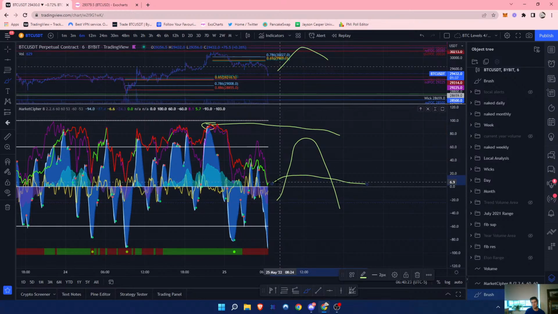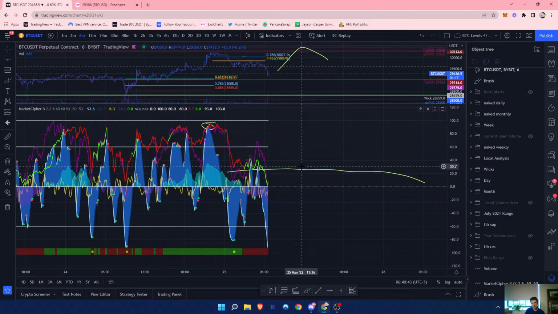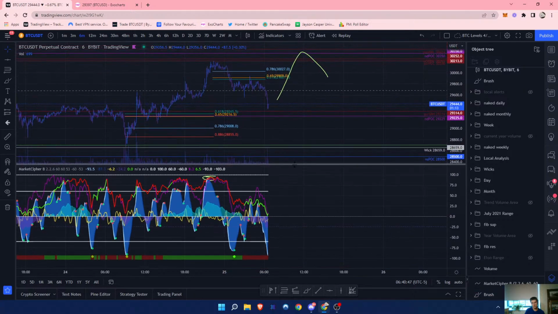There's a good chance that we might just get money flow just kind of coming up to around these levels. So not really too high. And then you'll have that nice 6-minute div. So again, that might not happen, but I'm just planning for it.